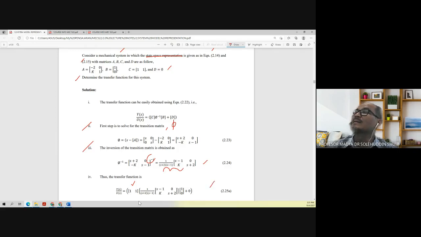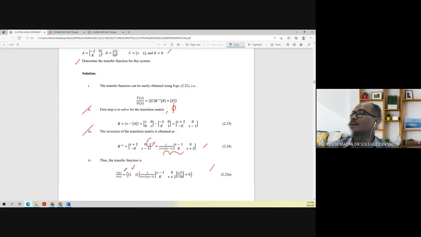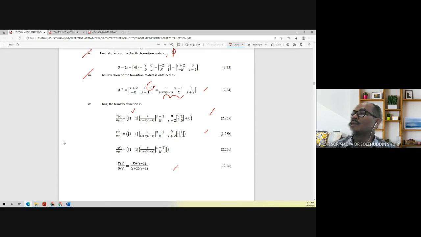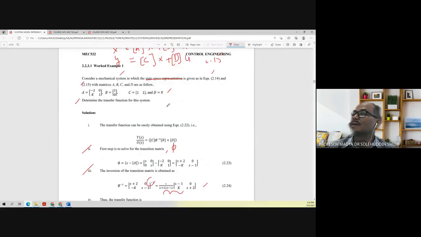This is the one that we have obtained. Y(s) over U(s), and then you do the simplification of all of this until you obtain this value in this form: (s plus s minus 1) divided by (s plus 2) times (s minus 1), for example 1.